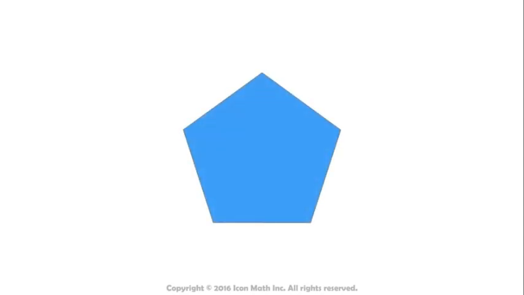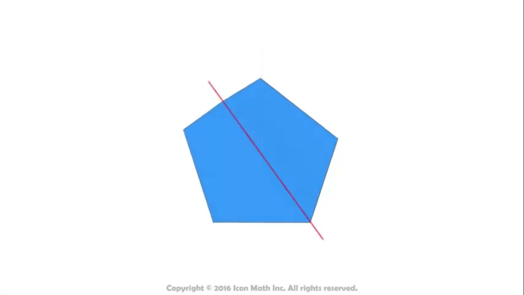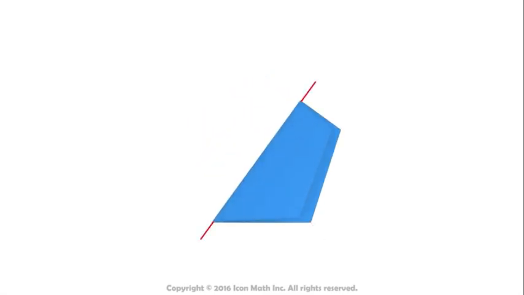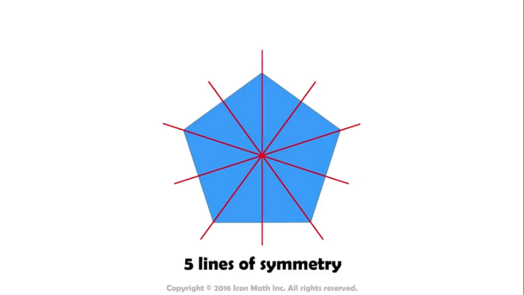What about regular pentagons? In a regular pentagon, we can find one vertical line of symmetry, and as you can see, four diagonal lines of symmetry, which makes 5 lines of symmetry in total.